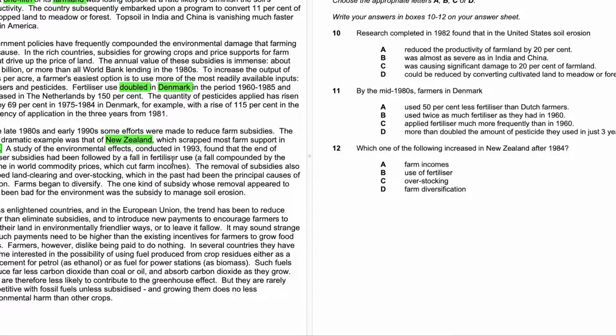So we're just gonna read the sentence. So the most dramatic example was that of the New Zealand, which scrapped most farm support in 1984, but nothing about the increase of anything here. And here in the following sentence, just was saying a fall, but decline, nothing about the rise.